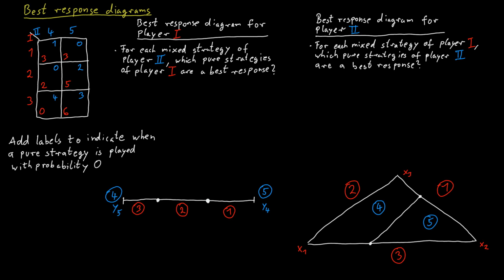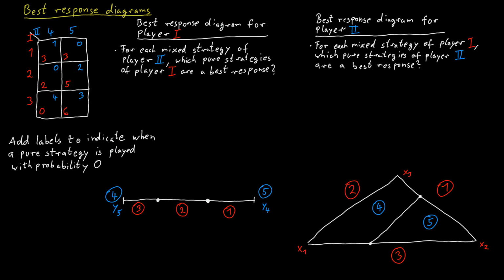Okay, why did we do this? Well, because now we can essentially read off these diagrams the Nash equilibria of the game. So you have to realize this. A strategy profile is simply a mixed strategy for player 1 and a mixed strategy of player 2.